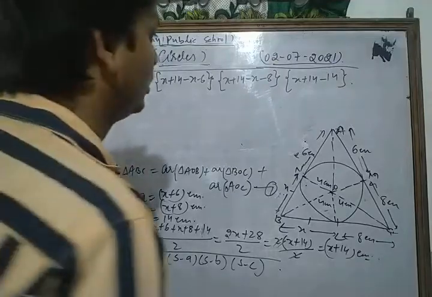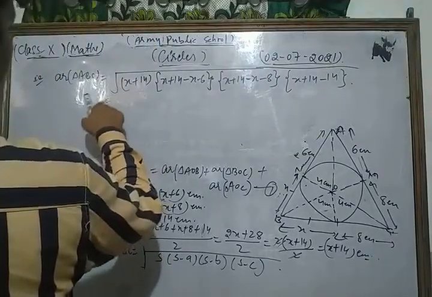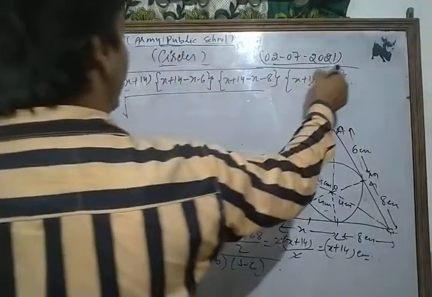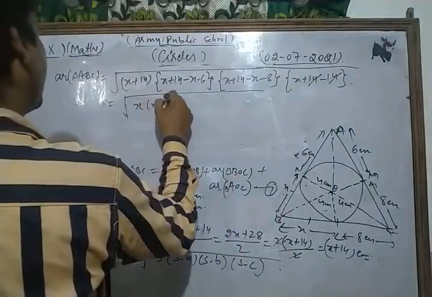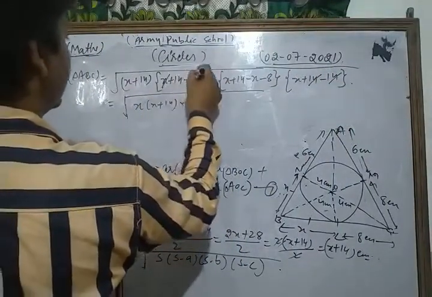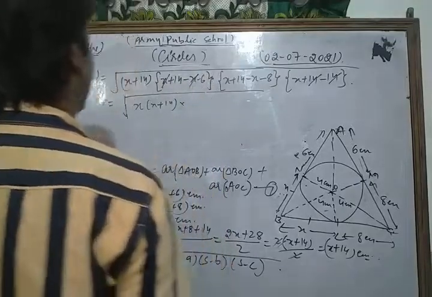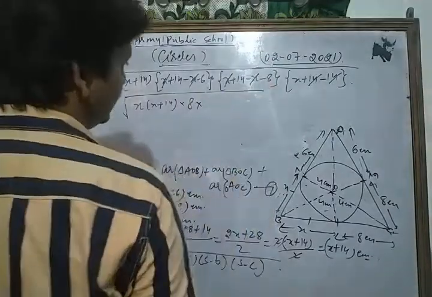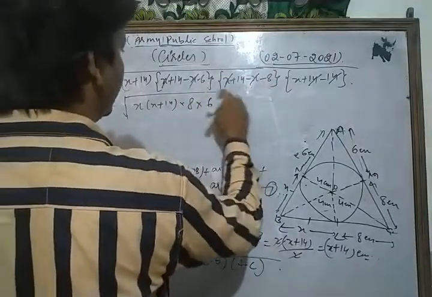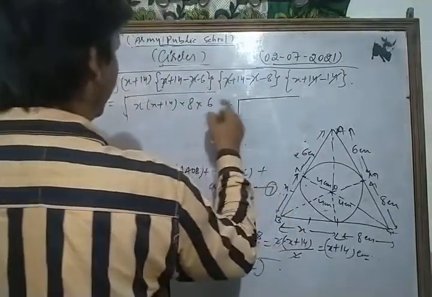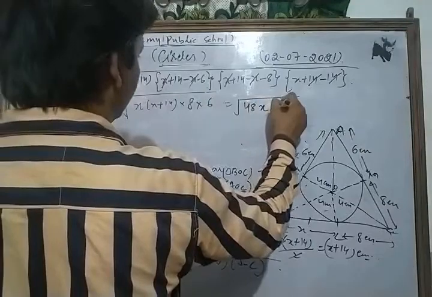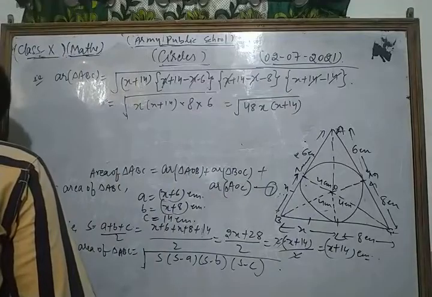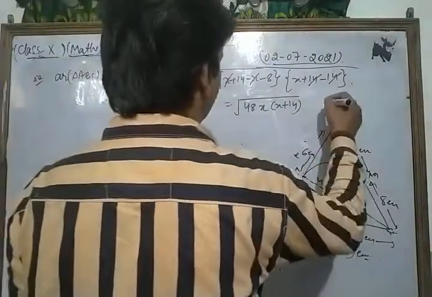Now we simplify them. x plus 14 remains, x is there, 14 minus 6 is 8, and 14 minus 8 is 6, so we get the square root of 48 into x into x plus 14, that is 48x times x plus 14, in centimeter square.